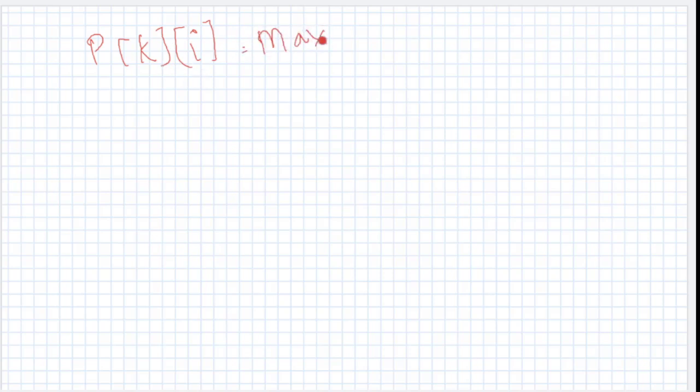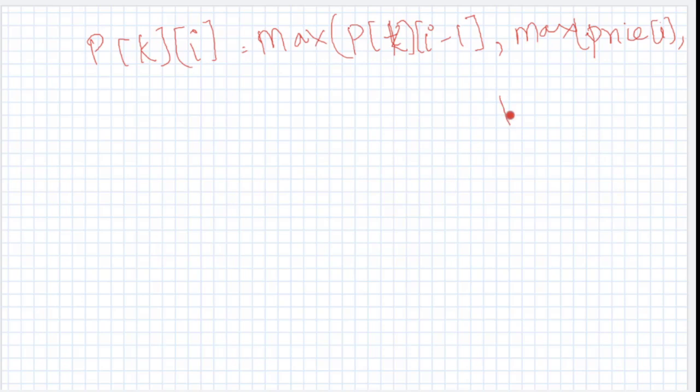Your value will be the maximum of the profit of that transaction on the previous day, with the maximum of the price at that day, comma, price at the other day, that's j.